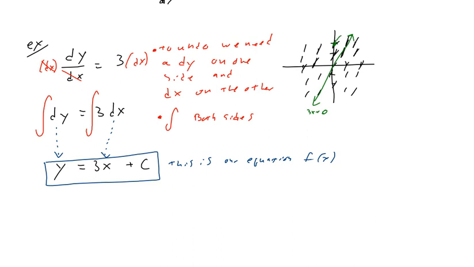We can have 3x plus 2, or 3x minus 5. We have all these different equations, 3x plus 0, plus 2, depending on our starting value. Which of these points do we want to be touching? Our graph will go through those different values, and that will be a different c value. So this is how we solve these differential equations. You move the dx to the other side, do the integral of both sides, get your equation.